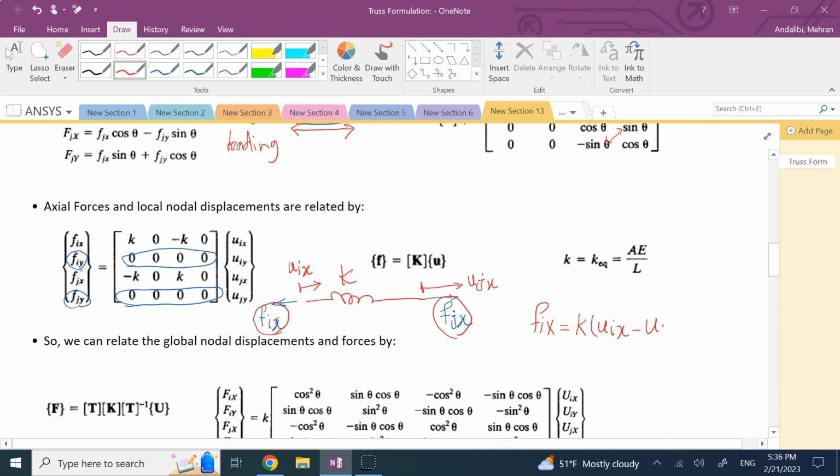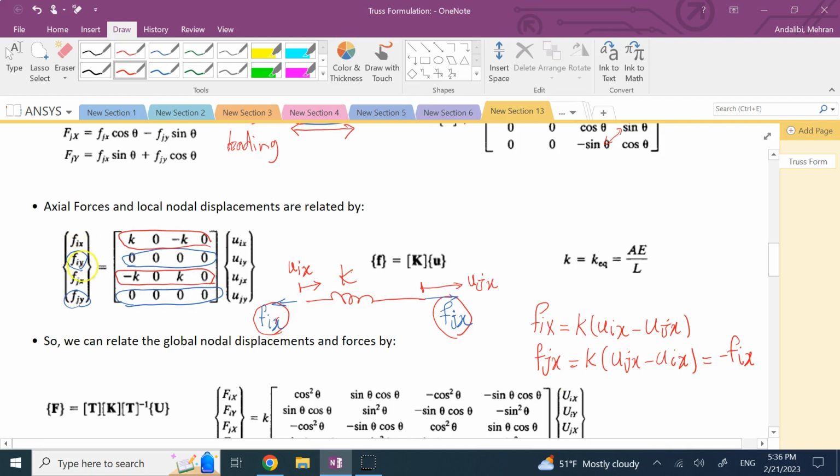And Fjx equals k times Ujx minus Uix, which is, by the way, the negative of Fix, and that's the condition for equilibrium. And those are written by these two rows.